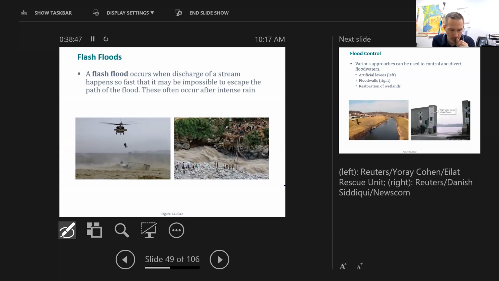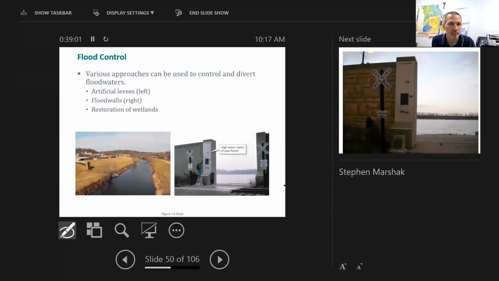These drainage basins are relatively small, and water is funneled into these steep valleys very quickly to create these intense rains and intense flash floods.